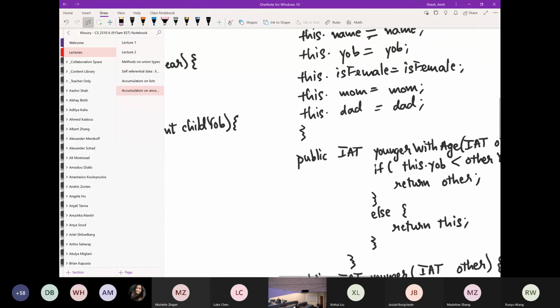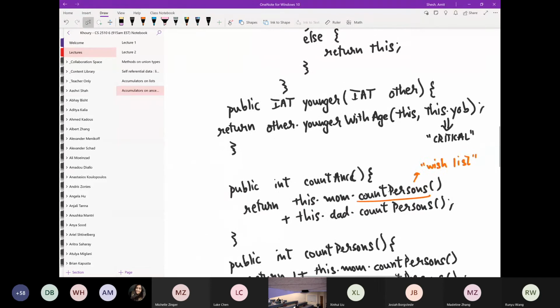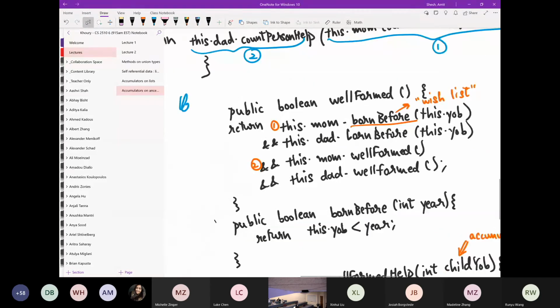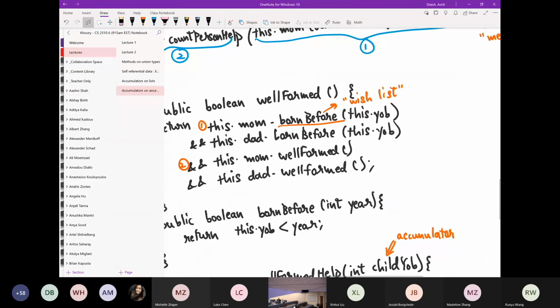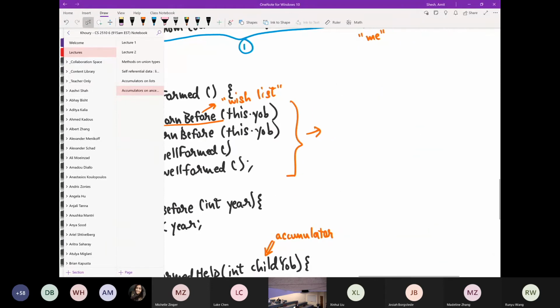Okay? Now, if it is an accumulator, then what happens to this method right here? So instead of this, I can say I am well-formed. So the very first time for Anne, how do I know this tree is well-formed?